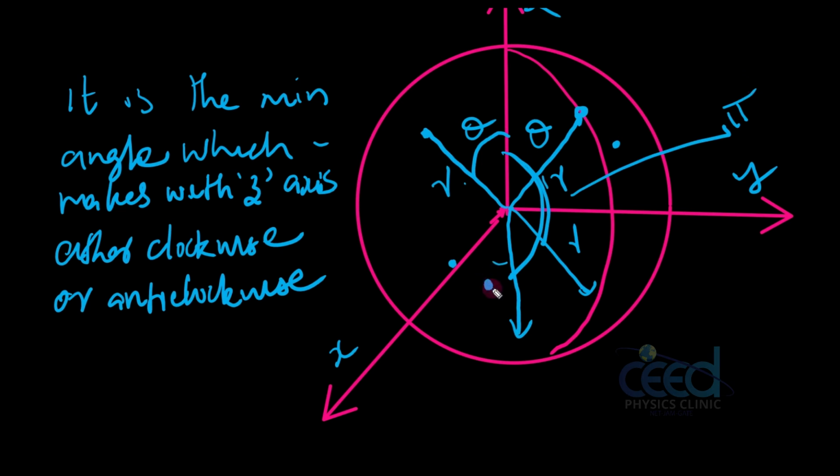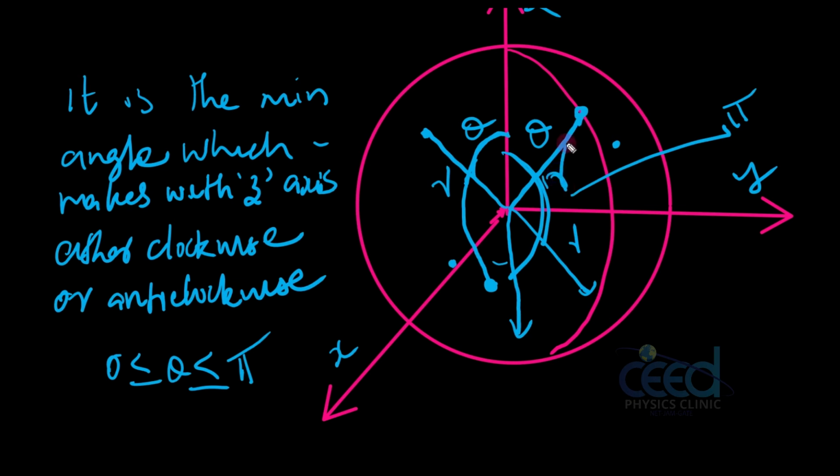If the point is here, then you can't come like this, it is the minimum angle, so come like this. So the maximum value is pi. So what is the limit of theta? That is 0 less than or equal to theta less than or equal to pi. Now what about the radius?